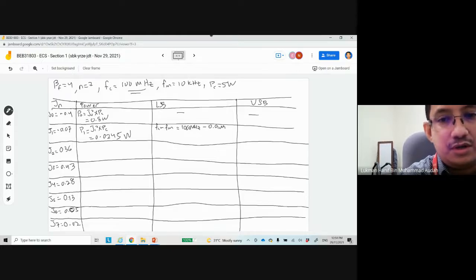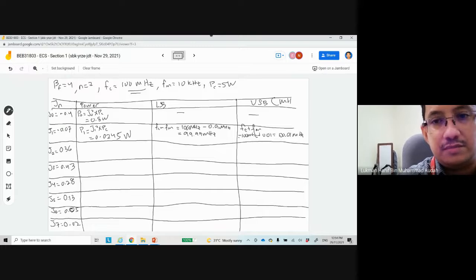Kenapa 0.01? Kerana ini adalah 10 kilohertz. So therefore this is 99.99 megahertz. And this is FC plus FM. This is 100 plus 0.01. So this is 100.01 megahertz.